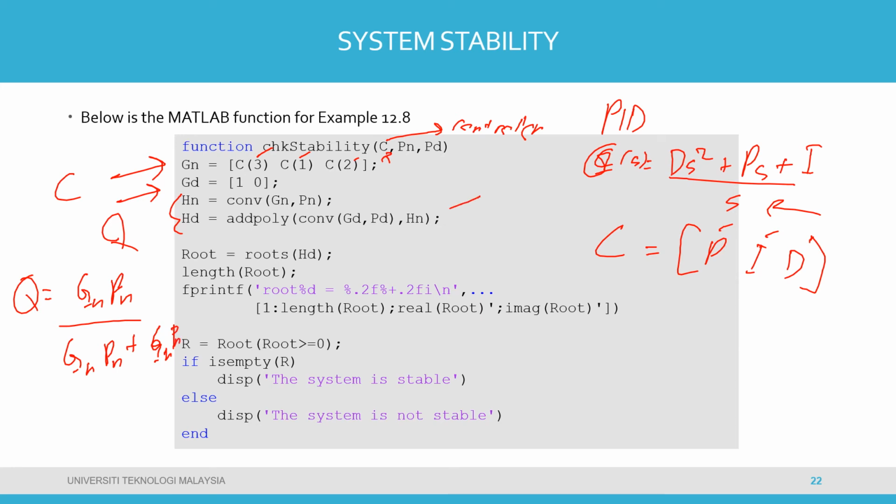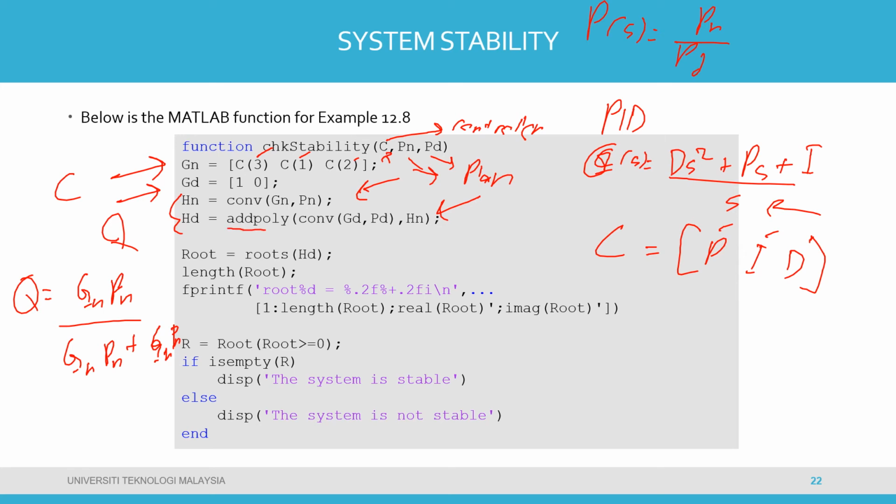So this is just the previous formula. Pn and Gn is the plant formula. So plant P(s) is equal to P numerator divided by P denominator. So that's it. The first one is basically just the system.